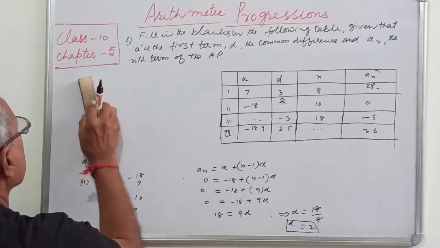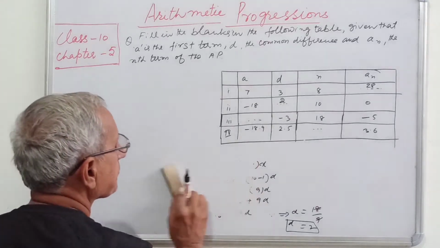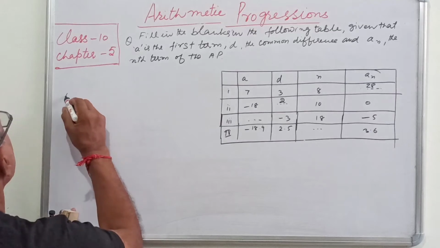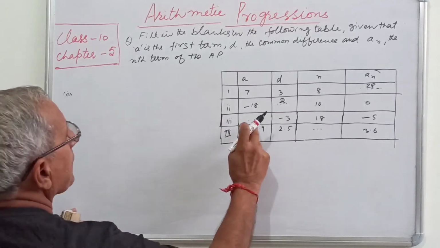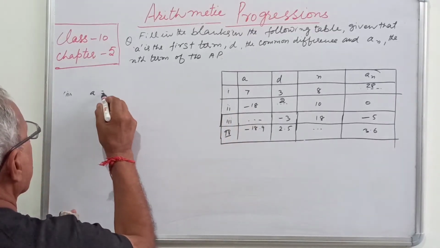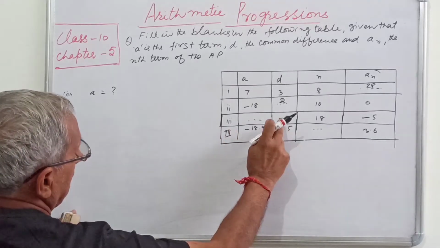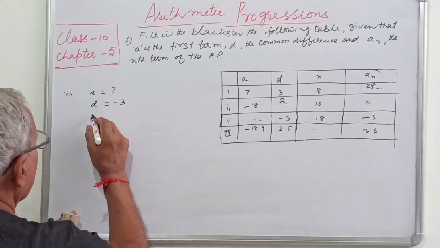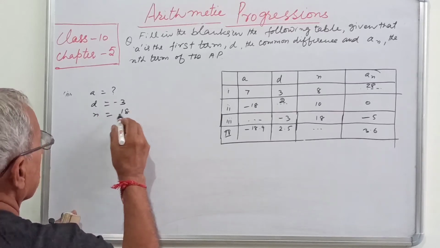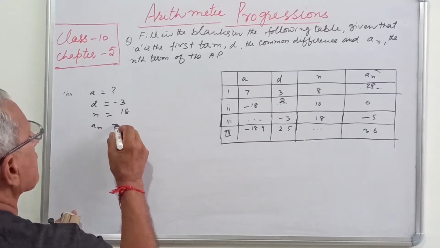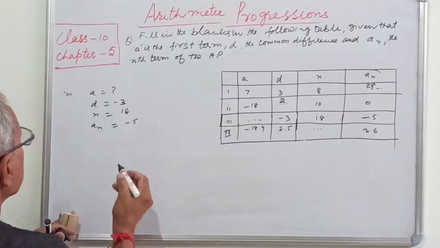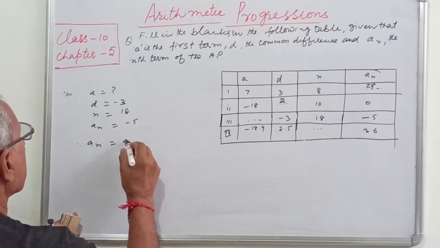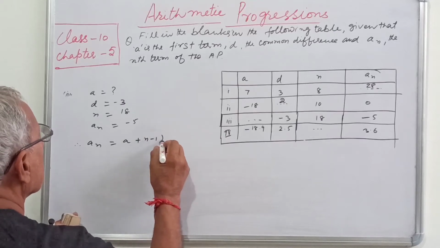Third part: a we have to find out. d is equal to minus 3, n is equal to 18 and an is equal to minus 5. So use the same formula, an is equal to a plus n minus 1 into d.